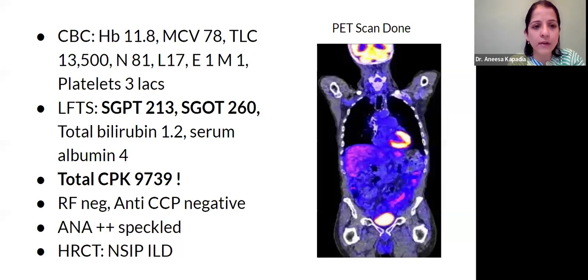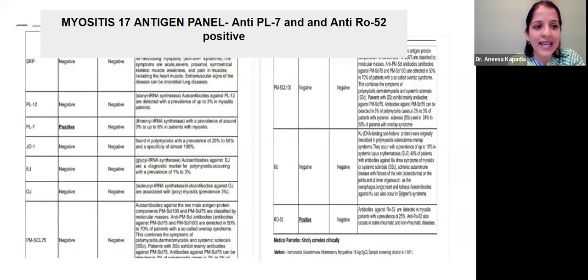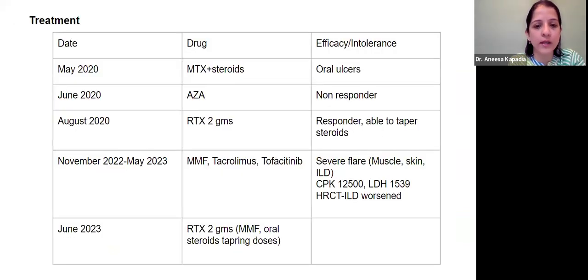She initially had very high muscle enzymes of 9,000 plus, also elevated LFT, which were not coming from the liver, but were actually coming from the muscle itself. So initially there was a diagnostic dilemma, but all of this was found to be later myositis. She had anti-PL7 antibody and anti-Ro52 antibody positive in her myositis-specific profile.